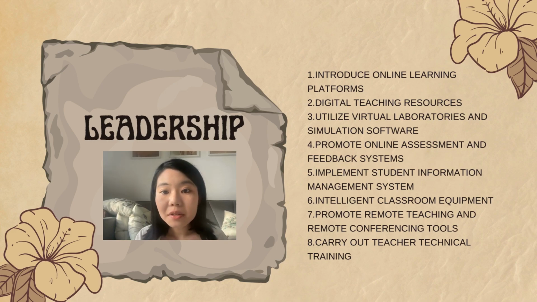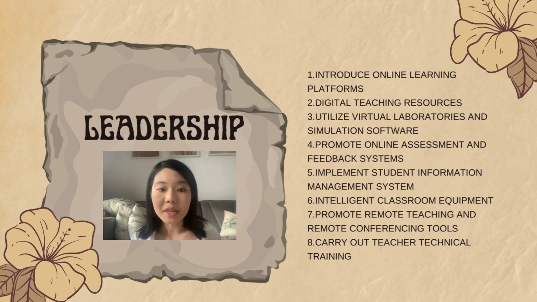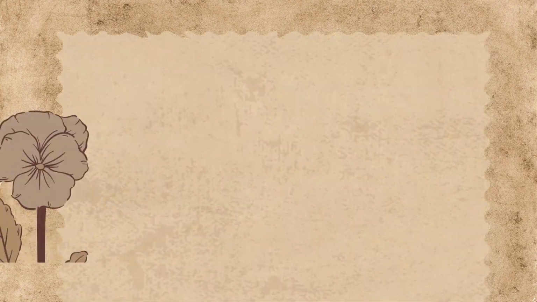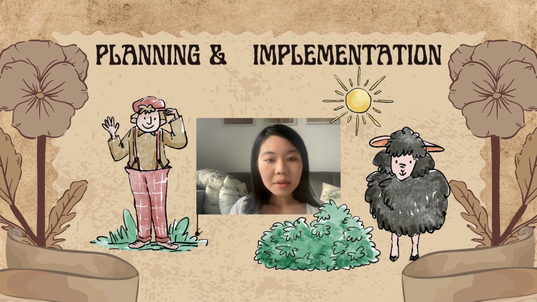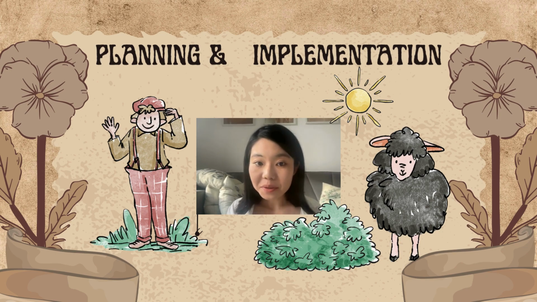The above methods can help schools make better use of technological resources, strengthen teaching, learning, and management, and improve the quality and efficiency of education. And then we talk about the second standard, called planning and implementation.